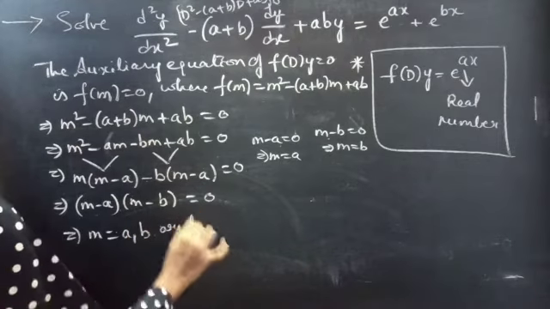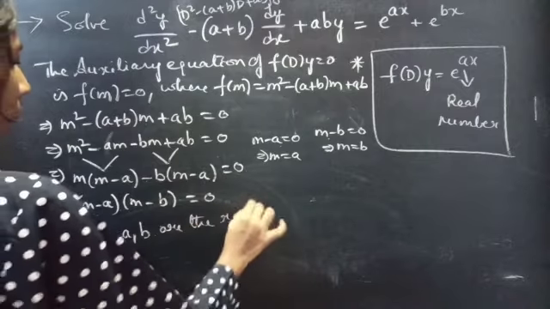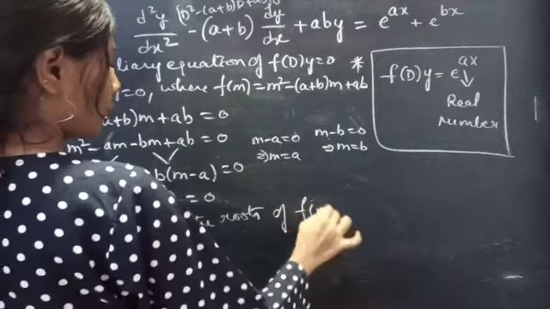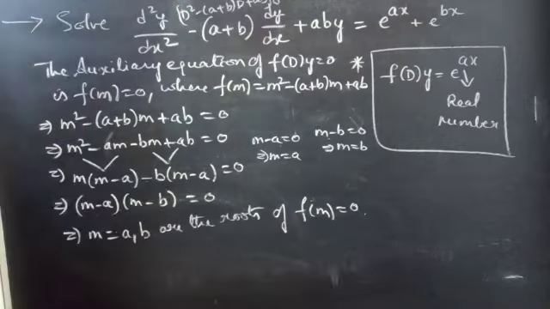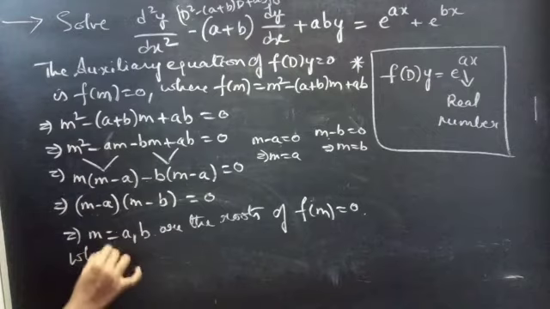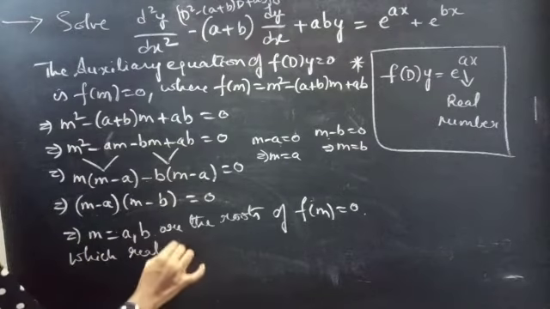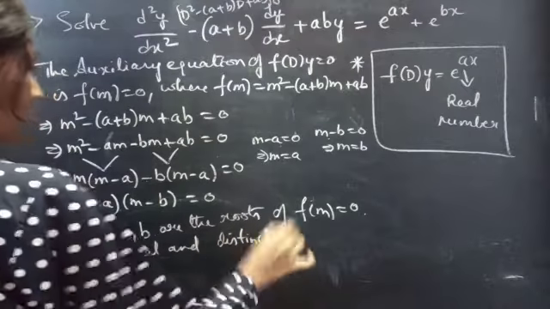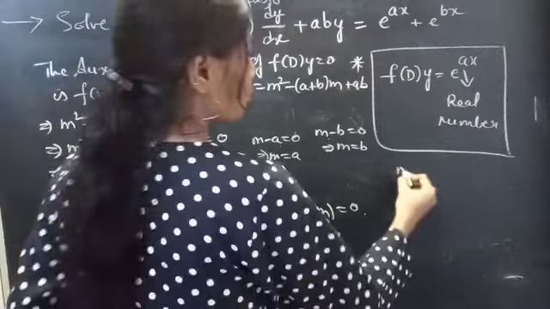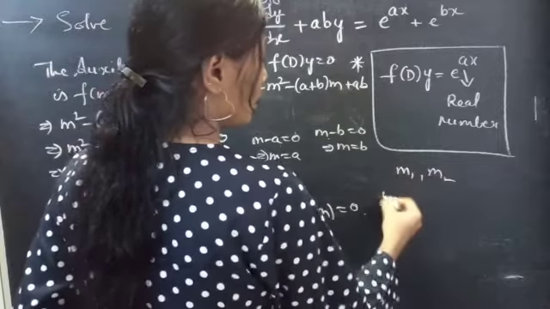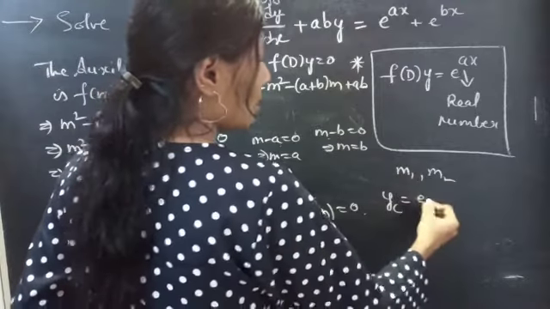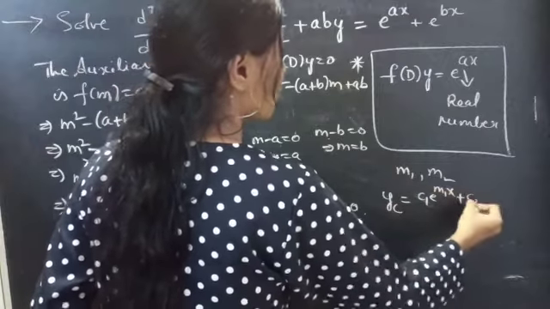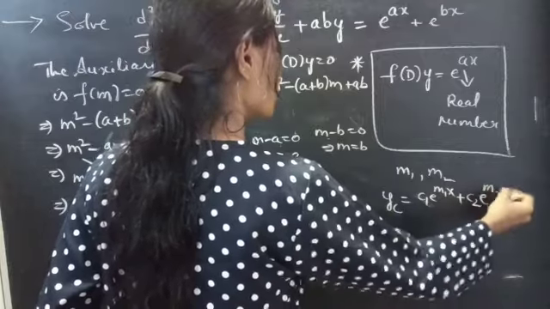So a and b are the roots of f of m equals 0, the auxiliary equation, which are real and distinct. If two roots, say m1 and m2, are real and distinct, then our complementary function will be c1 into e power the first root into x plus another constant c2 into e power the other root into x.